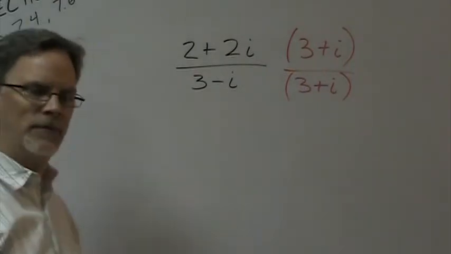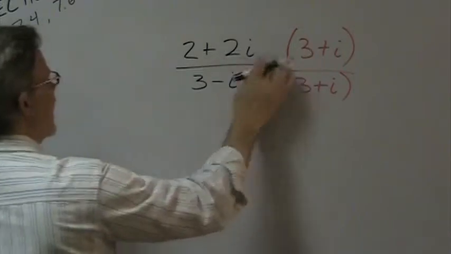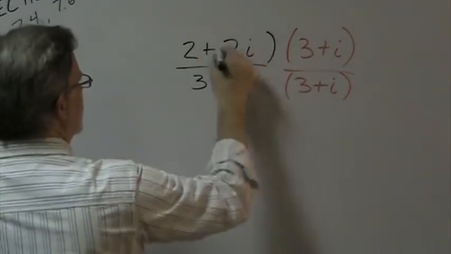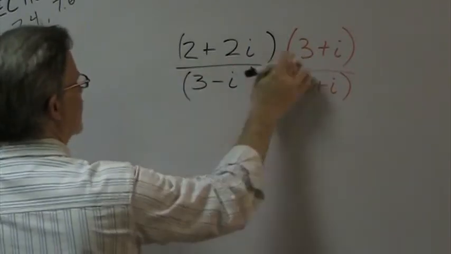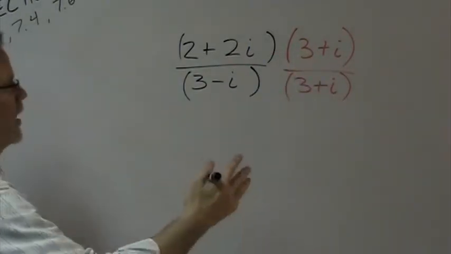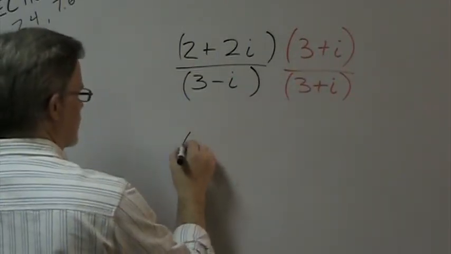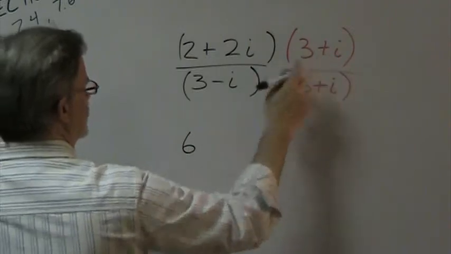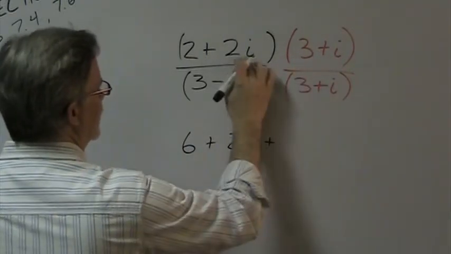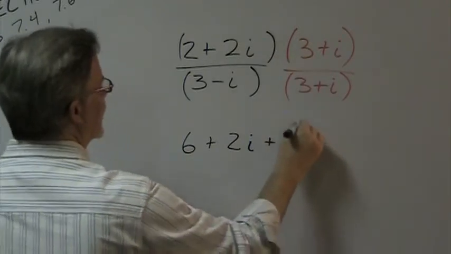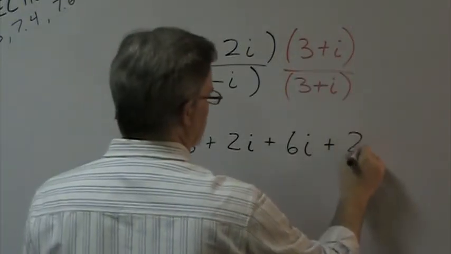Looking at these, the top one is a FOIL. So you've got 2 times 3, which is 6. That's the first term. The outer term, 2 times i, plus 2i. The inner term is plus 3 times 2i, 6i. The last term is a plus 2i squared.